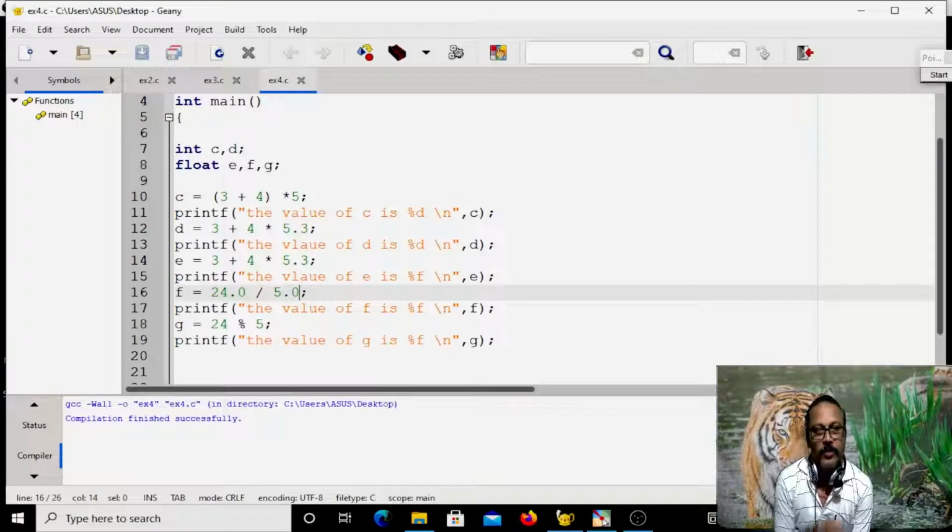When you have these 24 and 5, they are integers. If you supply two integers, integer division is performed. When you supply two floating points, real division is performed. That's why I'm getting F as 4.8. So I think only one is enough. Let me try this one.